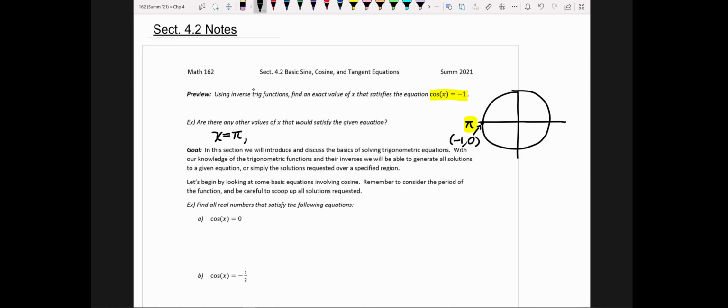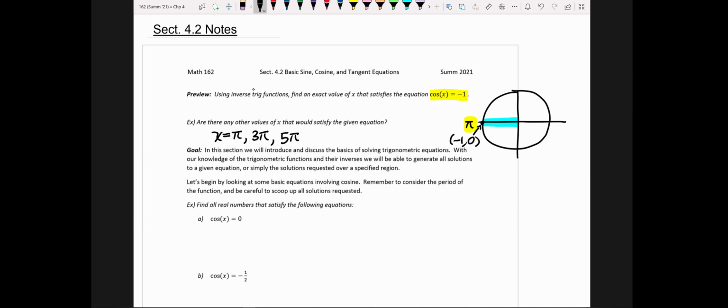However, any angle measure that's coterminal with pi would also be a solution. So Justin, can you give us another solution that would satisfy this equation? 3 pi. Yes, and another one? 5 pi. Good. So any radian measure coterminal with pi is going to be a solution.